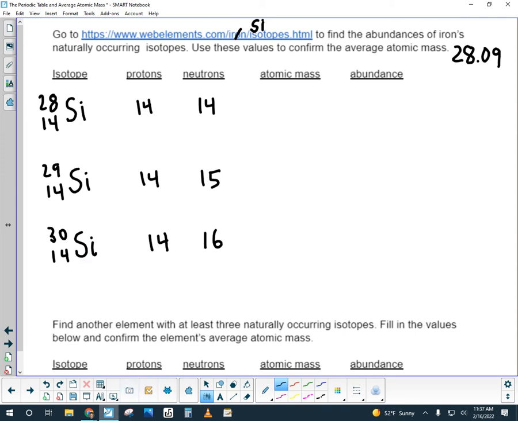All right, so we need to list the atomic mass and the abundance, and then do our calculation that calculates the average atomic mass. And again, just confirm where this 28.09 number comes from.